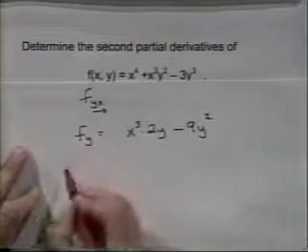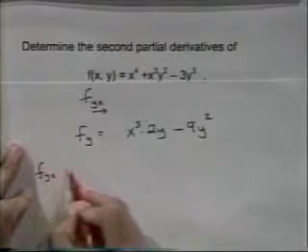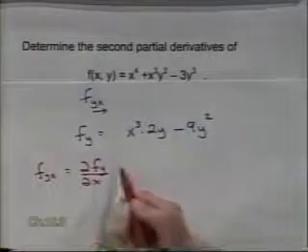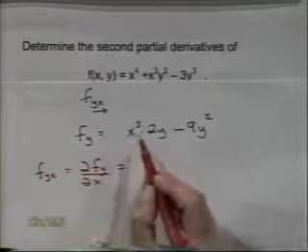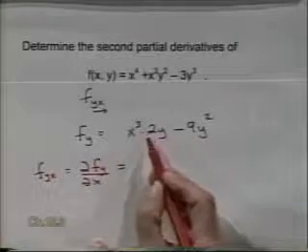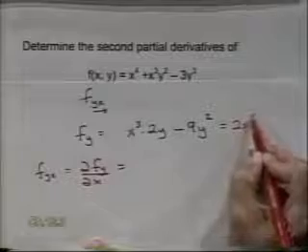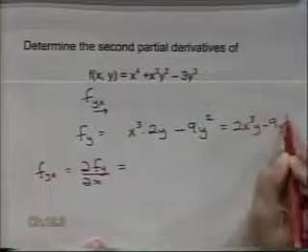Now, to get f_yx, we take this partial with respect to y, and we take the derivative of it with respect to x. It might be better to write this as 2x cubed y minus 9y squared.